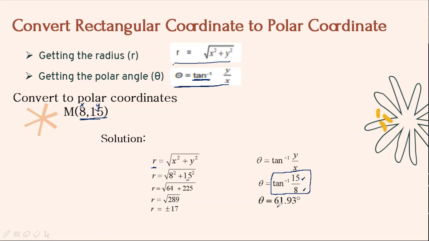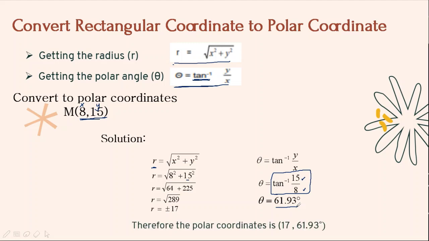And we have approximately 61.93 degrees. Again, don't forget, if we need to find the polar angle or the angle measure theta, we need to have the unit degrees. Okay?